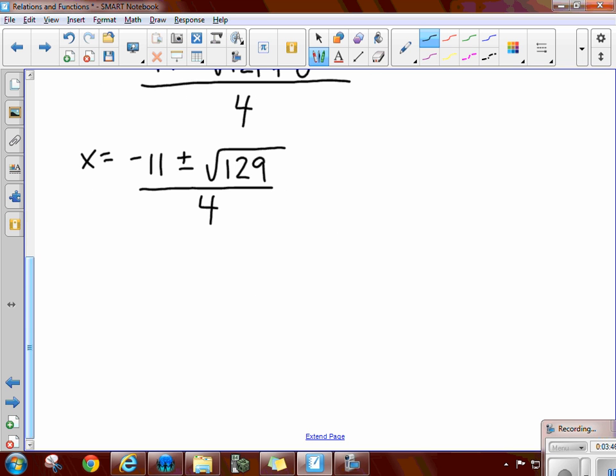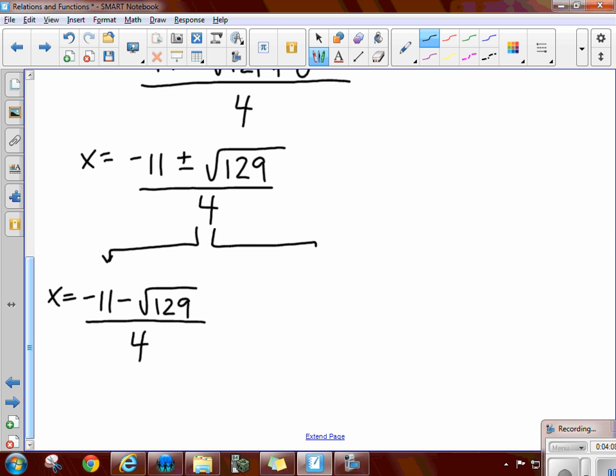And now we should be seeing if we could, from our radical unit, simplify the 129. In this case, it doesn't simplify down to any mixed radical. So this means we actually have two roots. There's one x-intercept where x equals -11 minus the square root of 129 over 4.